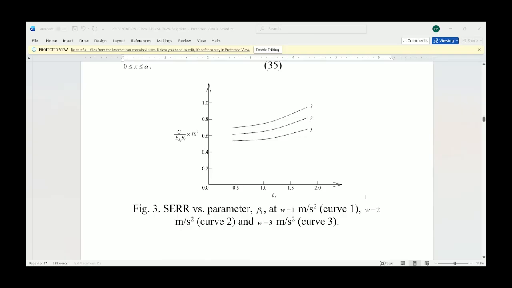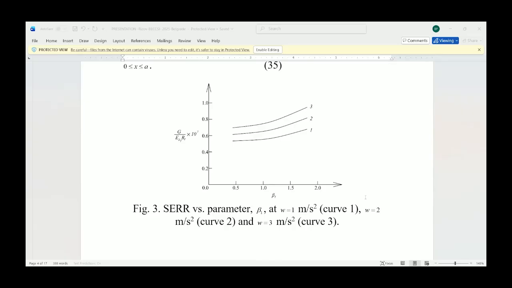For example, the relation between the strain energy release rate and parameter beta 1 is plotted in figure number 3 at 3 magnitudes of the rod acceleration. In figure 3, we can see that both beta 1 and W have significant impact on the strain energy release rate, resulting in an increase in it.